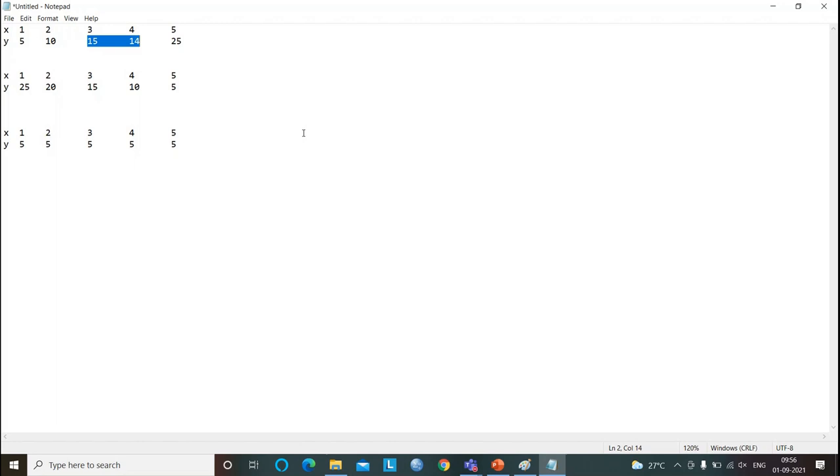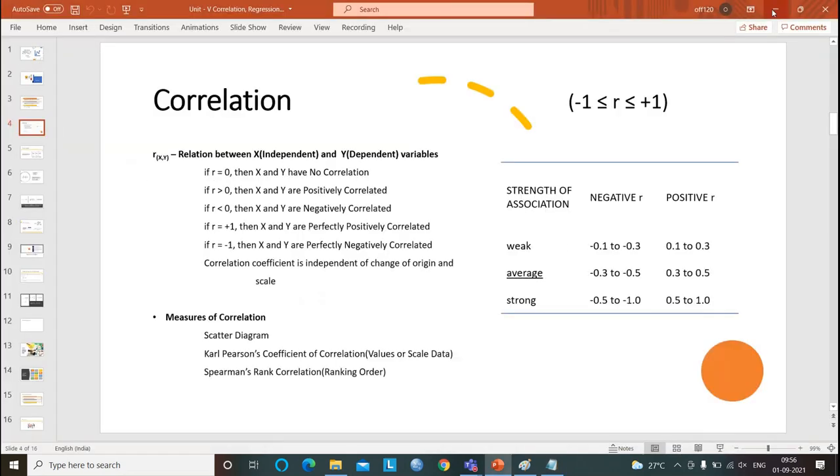So based on those values, how do we come to a conclusion that the values are either positively correlated or negatively correlated? To find that out, there are 3 people over here saying that they'll find the answer using their own method.